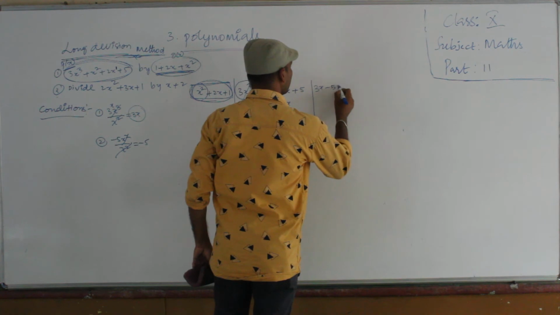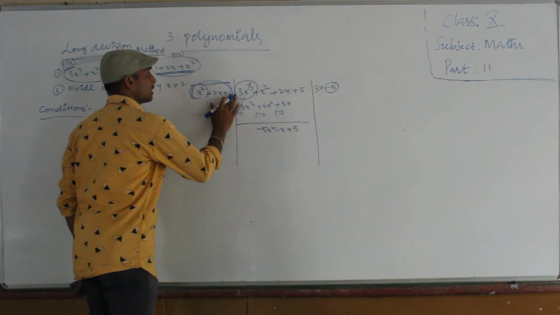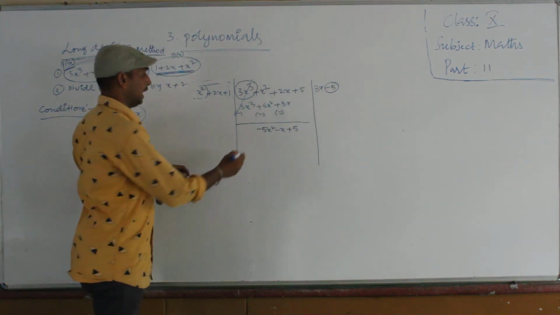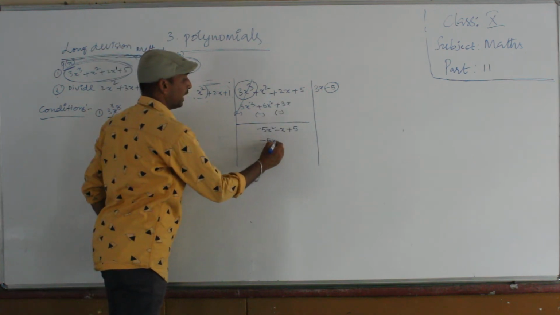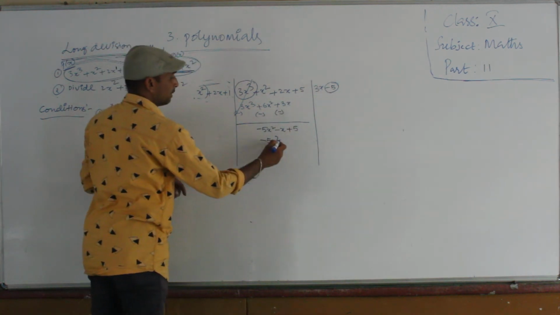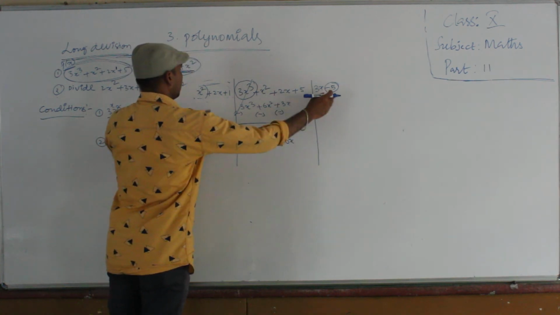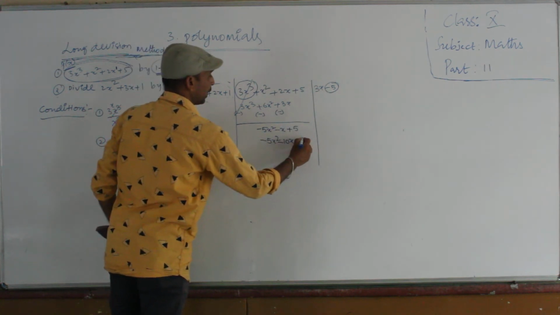Then with this minus 5, you multiply these 3 terms again. Minus into plus is minus, 5 into x square is 5x square; minus into plus is minus, 5 times 2x is 10x; minus into plus is minus, 5 ones are 5.